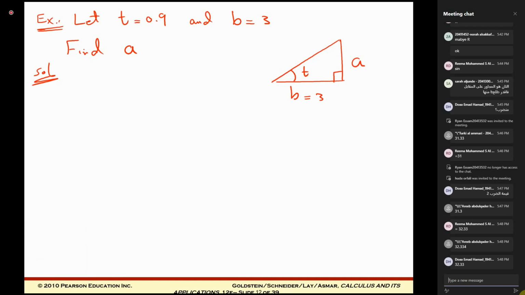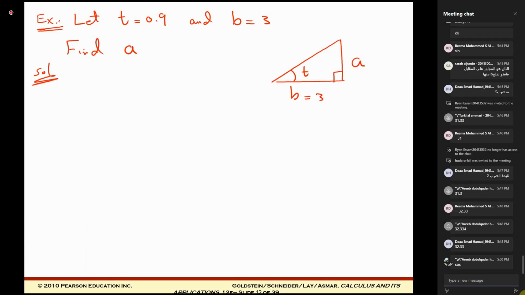If we have B given and the angle 0.9 given, and we need to find A, we must use the cosine.